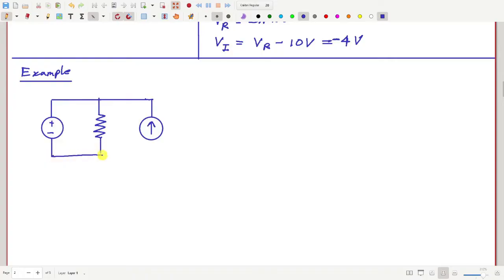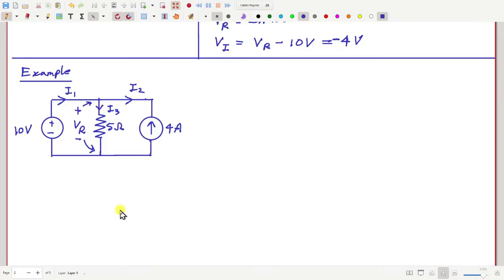The question is to find out the circuit solution if this is 10 volt source, if this is 4 ampere current source, and if this is 5 ohm. Okay, so let me call this VR, plus minus, from here to here. How much is VR? Okay, then if this current, this is I1, how much is I1, how much is I2, and how much is I3?